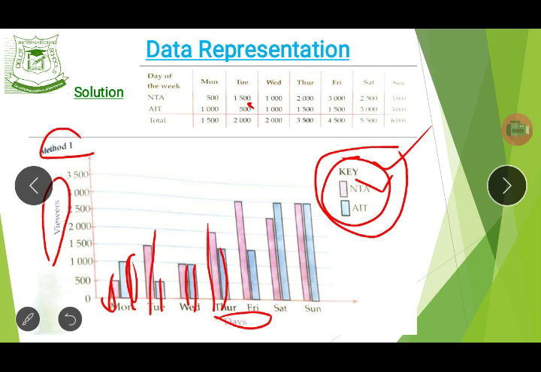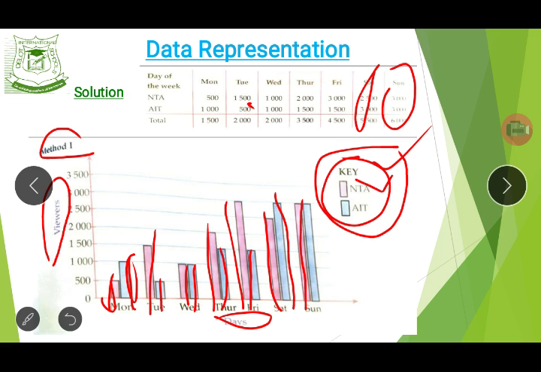Then Friday we have 3,000 and then 1,500. Do you see that now? And then Saturday we have 2,500 and 3,500. 3,500 for NTA and then AIT. Okay. And then on Sunday, they both have 3,000 viewers. 3,000 for NTA viewers, 3,000 for AIT viewers. Number of viewers. Do you see that now?